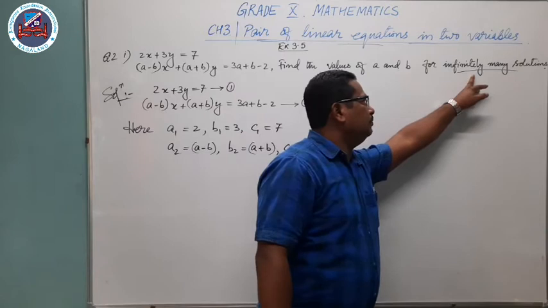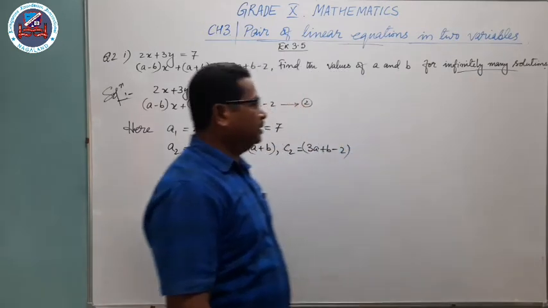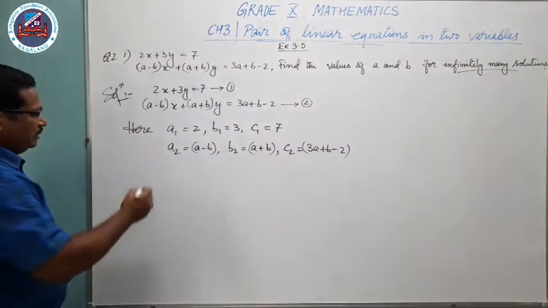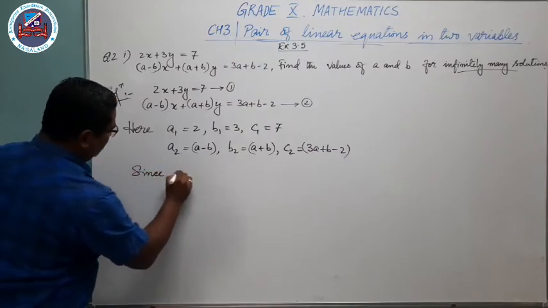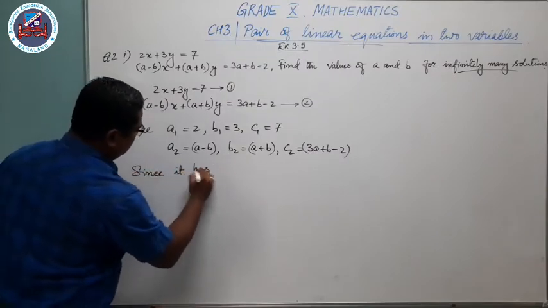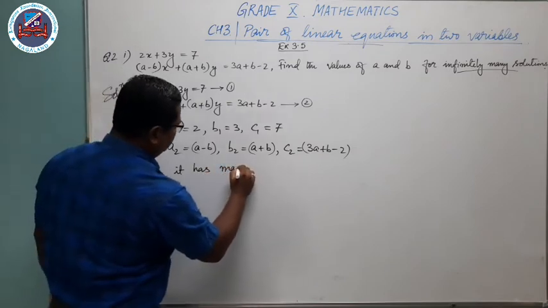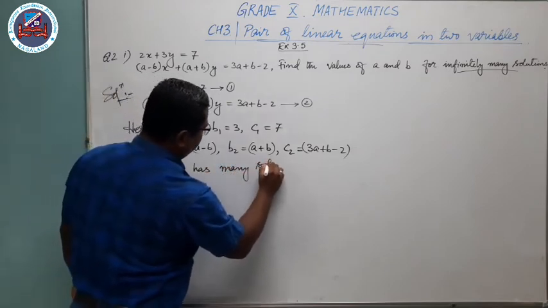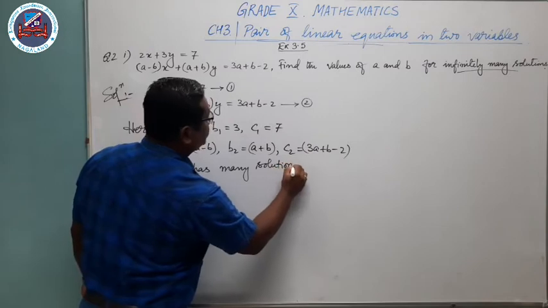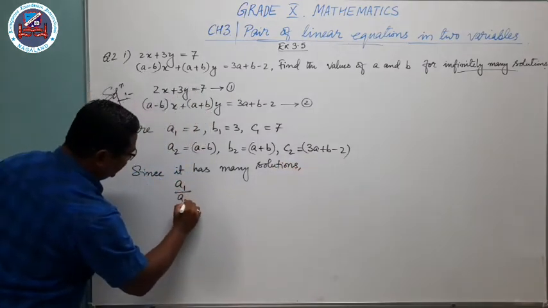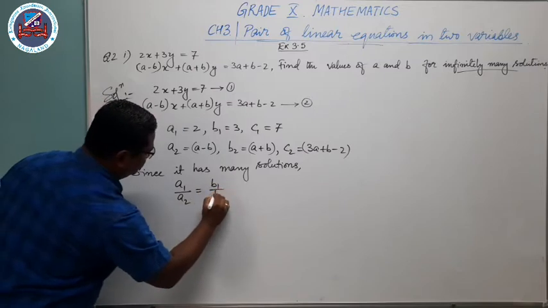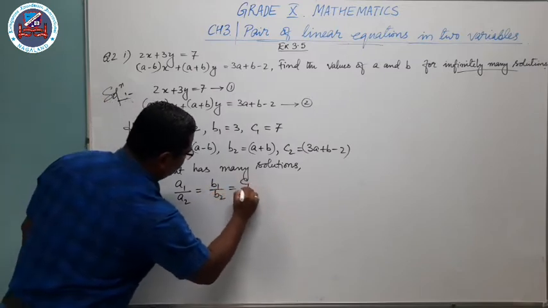As the system of equations has infinitely many solutions, your condition was a1 by a2 is equal to b1 by b2, that is equal to c1 by c2.